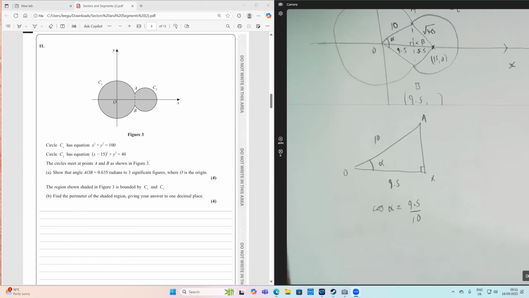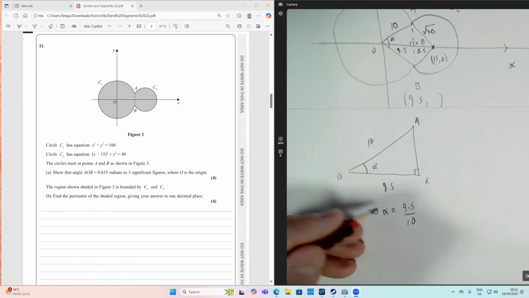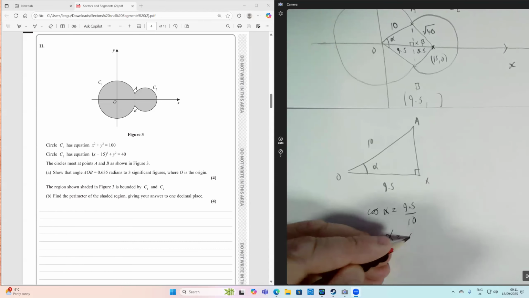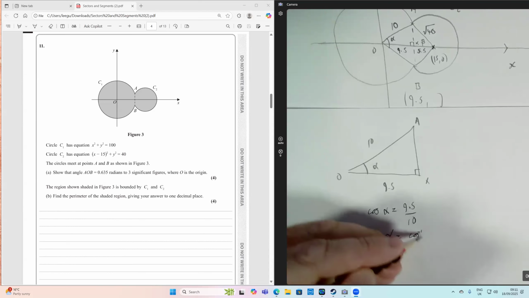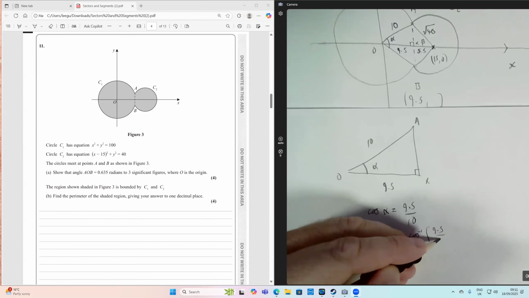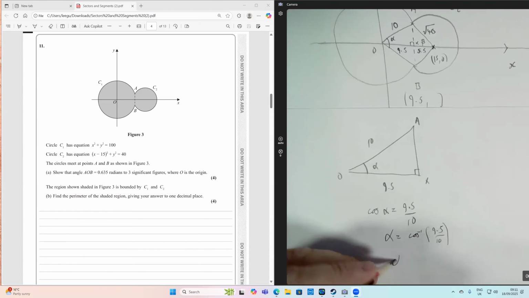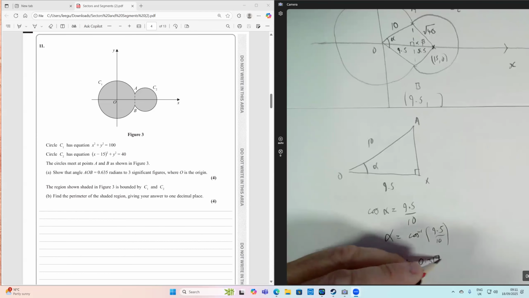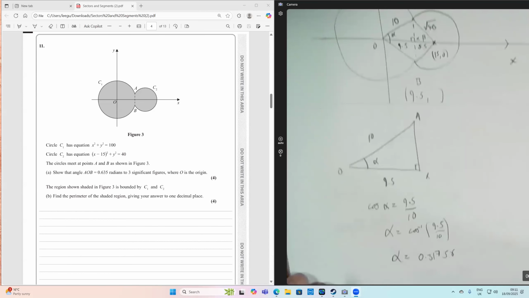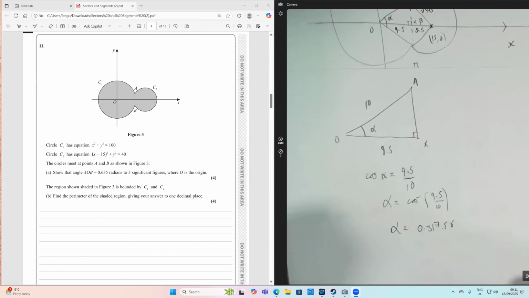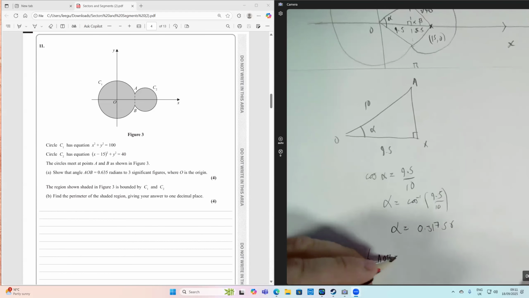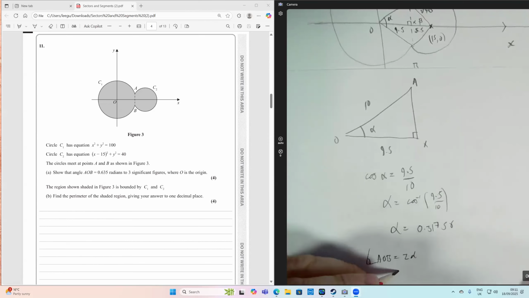Let's write down alpha is therefore equal to cos to the minus 1 of 9.5 over 10. And that alpha is therefore equal to 0.31756. Okay, now the angle in question, angle AOB, is 2 times my alpha.